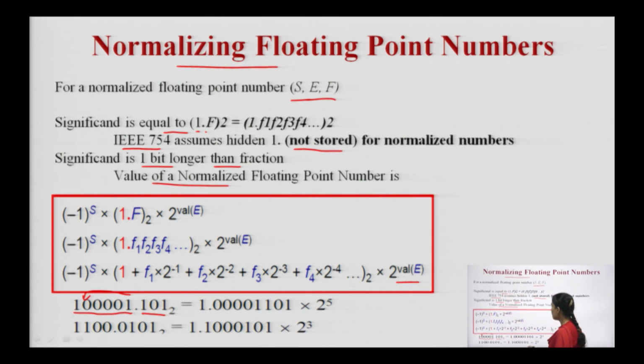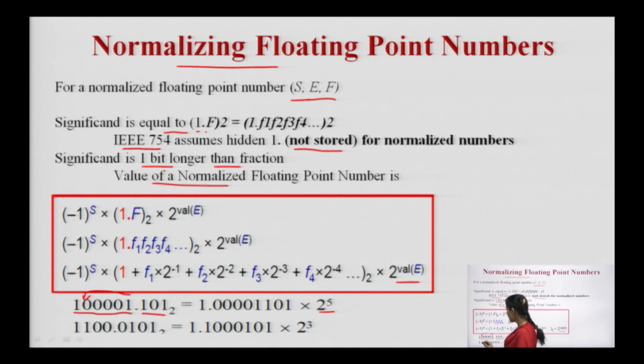So, my number will be 1.00001101 × 2^5, as I have shifted 5 places. When I shift left, I add to the exponent, and when I do a right shift, I subtract from that exponent.